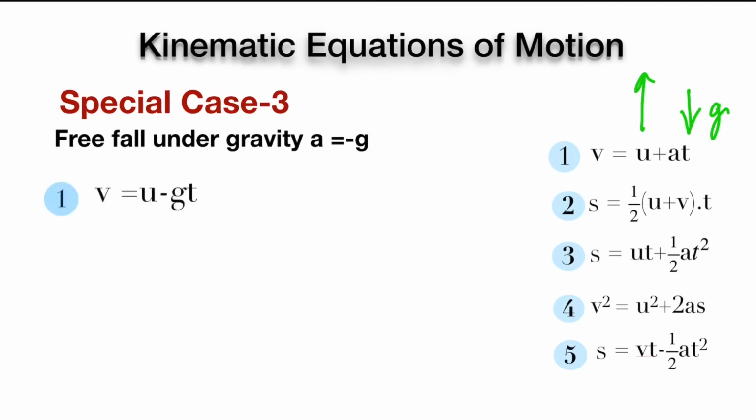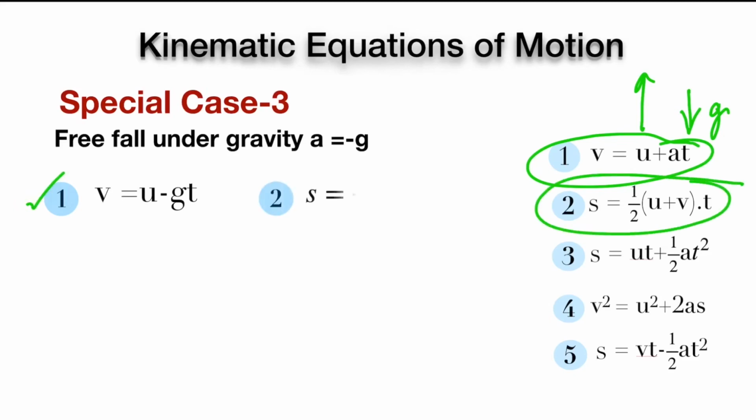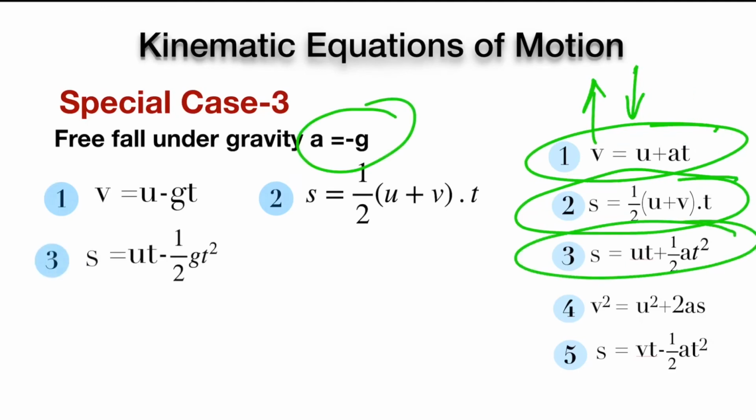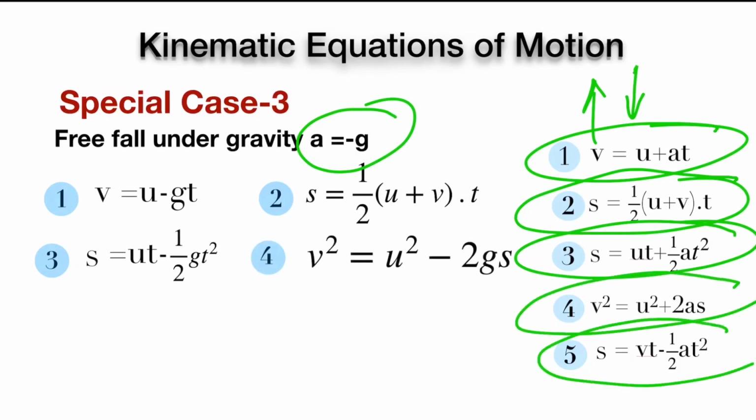If we put acceleration a equal to minus g, our first equation will be v equal to u minus gt. The second equation will not get affected because it doesn't contain acceleration. Then equation number 3, equation number 4, and equation number 5.